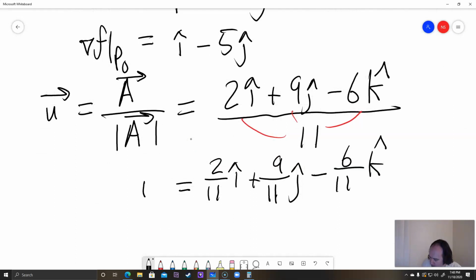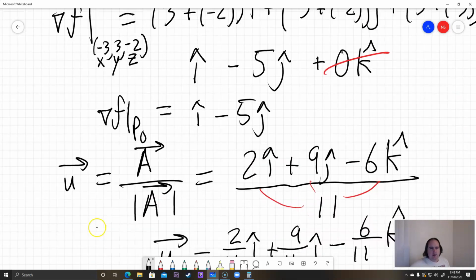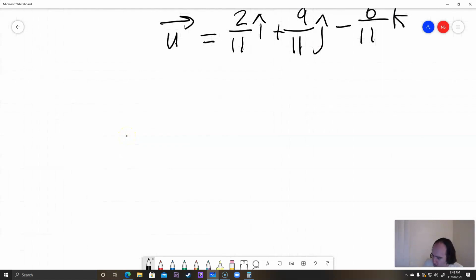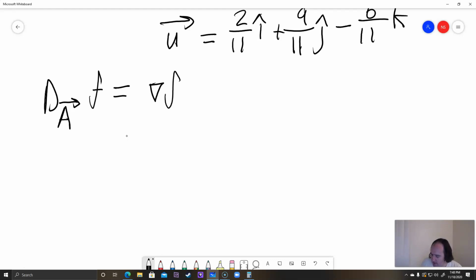And notice with u, you don't actually need to plug in the point p naught because it's already a number. It's just a vector, so you don't have any variables here. So now we're finally ready to find the directional derivative. Remember, the directional derivative of f in the direction of a is given by the gradient of f dot u, evaluated at the point p naught.